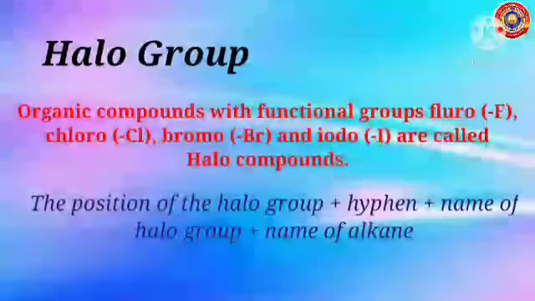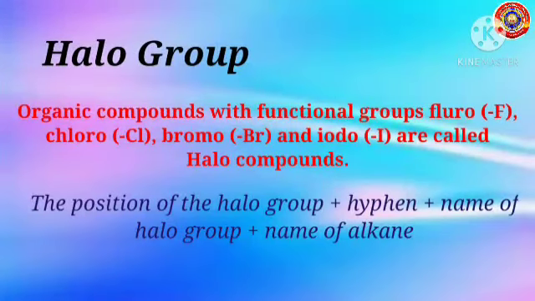Next is halo group. Organic compounds with the functional groups fluoro, chloro, bromo and iodo are called halo compounds. The method of giving IUPAC names to the compound is given as the position of the halo group plus hyphen plus name of halo group plus name of alkane.